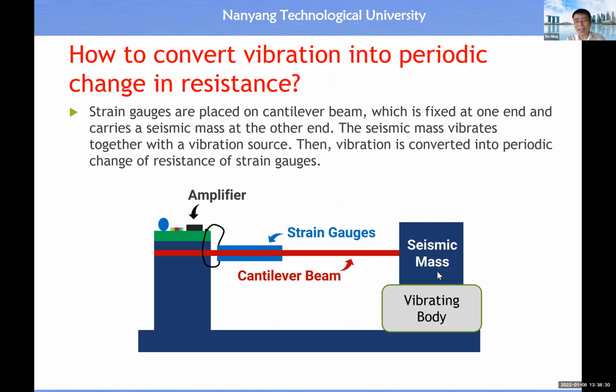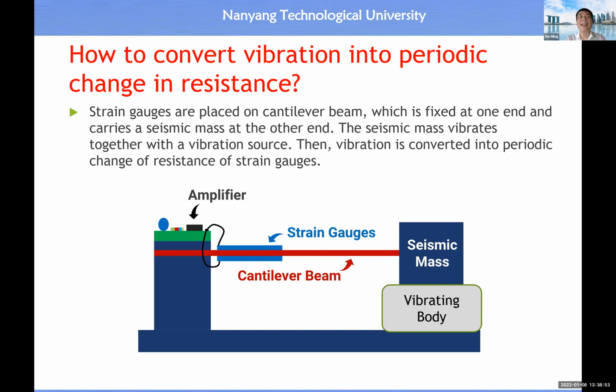So you have a seismic mass placed on a vibrating body, and you have a cantilever beam. One end is connected to the seismic mass, another end is fixed on the ground. So when this body vibrates, you see we have a strain gauge here. Then it will make the strain gauge change its value of resistance.